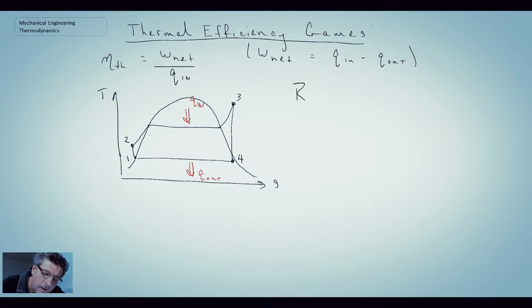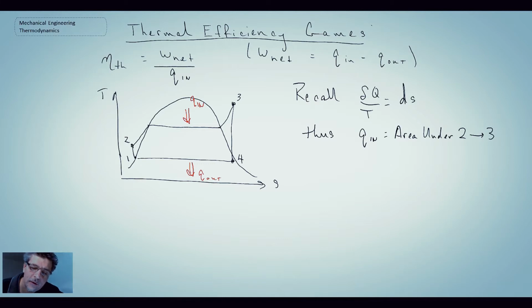Now recall, when we talked about entropy, we had the Clausius inequality. So that was an expression we had, and with that we can say that heat in, Q in, is equal to the area under the curve 2 to 3. So that results from the Clausius inequality. And we can also say Q out equals the area under 1 through 4.